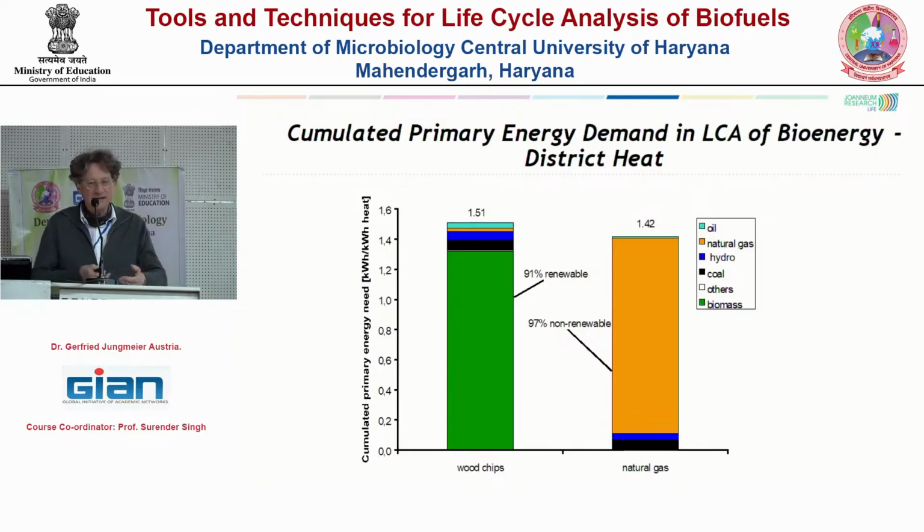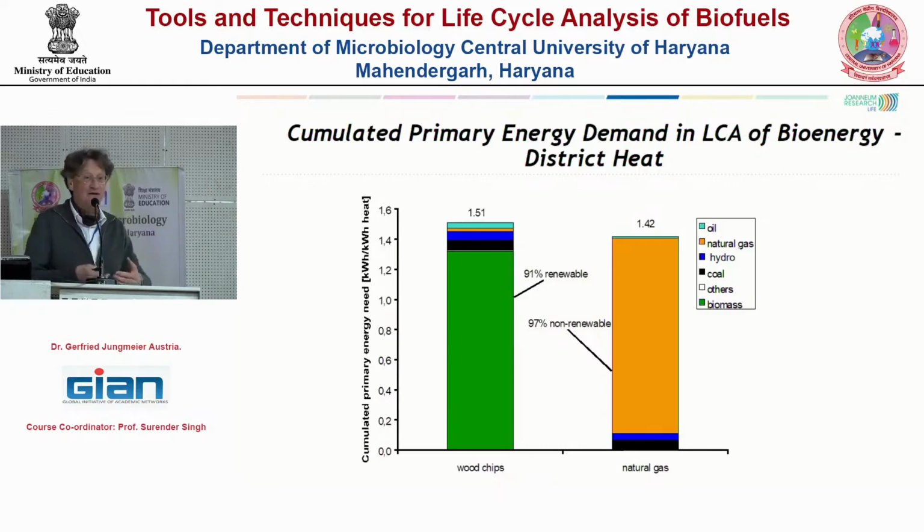And that means the system using natural gas, in terms of primary energy, in terms of energy efficiency, is a little bit better than the wood chips, which is true. But it's also relevant to see that more than 90% in one case is renewable, and more than 90% in the natural gas case is not renewable.